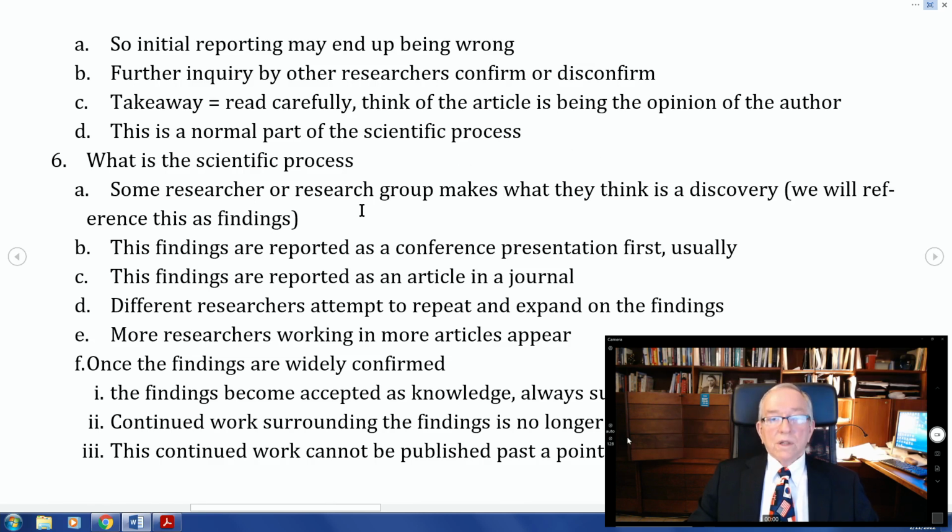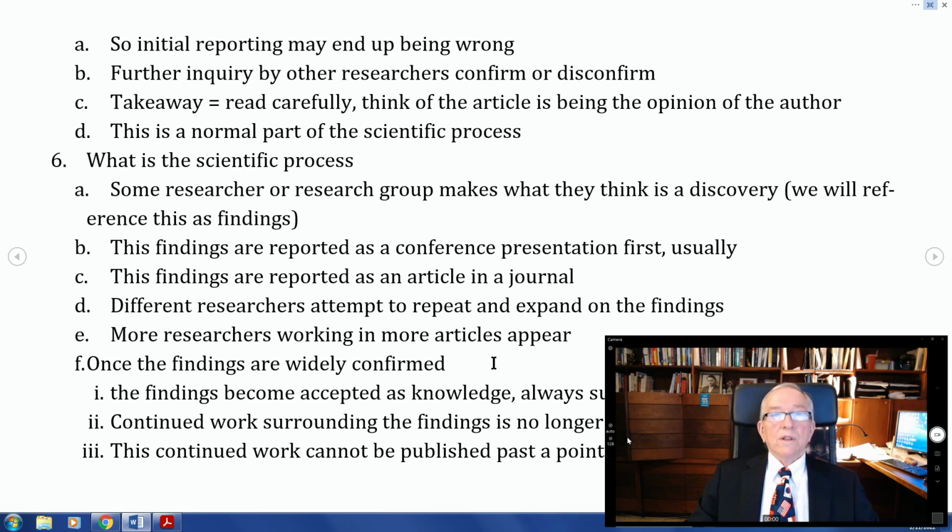So what is the scientific process? Some researcher or group makes what they think is a discovery, a finding. The findings are reported as a conference presentation usually at first, and then they go on to a journal article. And then they're repeated, or attempted to be repeated, by others. And more articles start to appear in related journals.